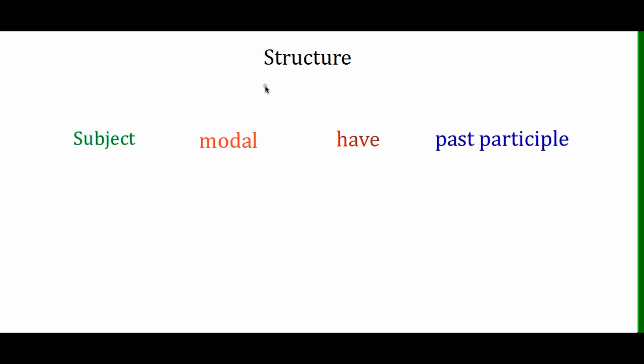So how do we structure a past modal? Well, the formula is we have the subject, then the modal, then have, and then a past participle. So I should have listened. Okay? I should have listened. That's a past modal structure.